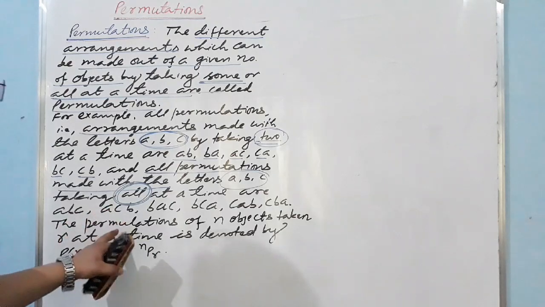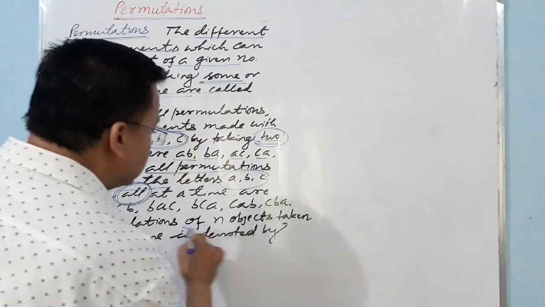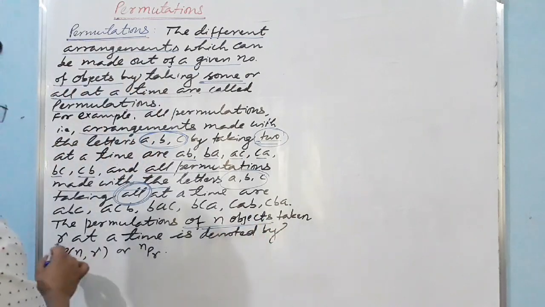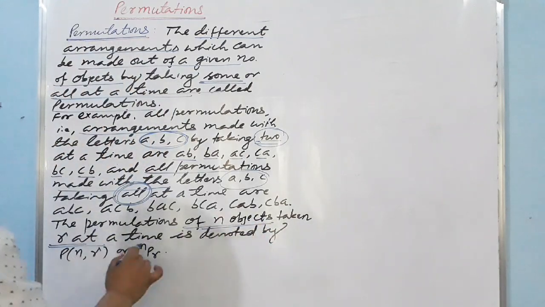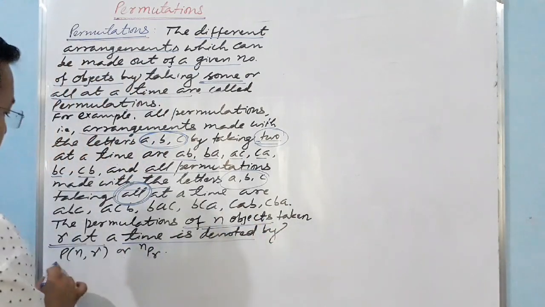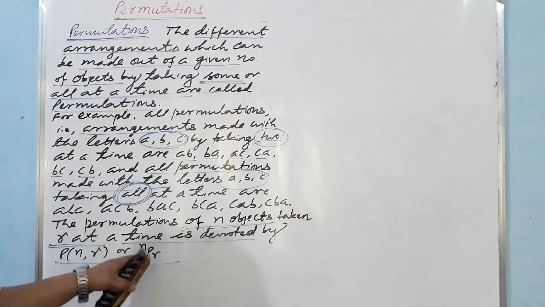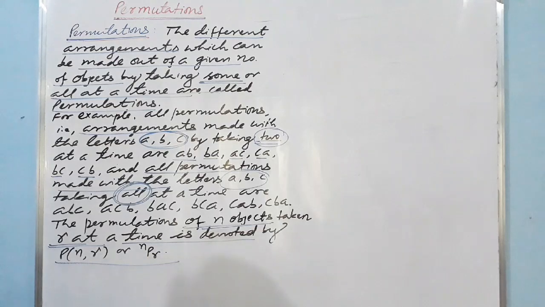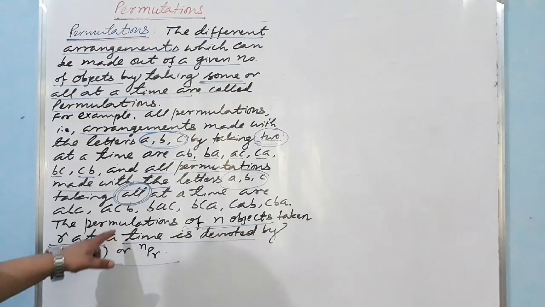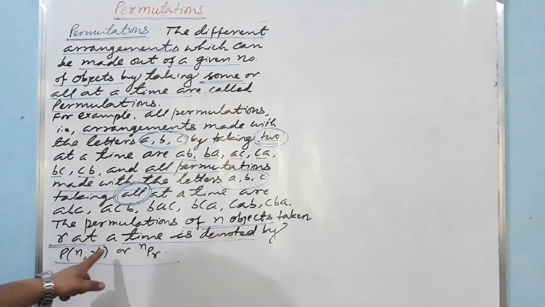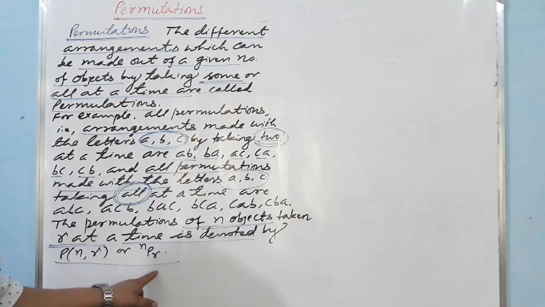And now see, the permutations of n objects taken r at a time is denoted by P(n, r) or nPr. You can use either symbol, it doesn't matter, any one you can use, right?